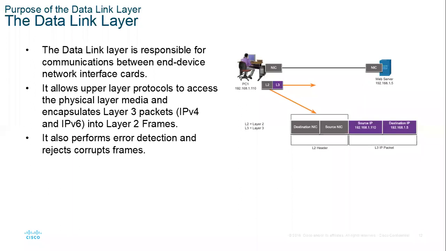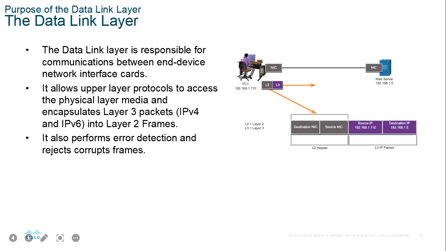So what's the purpose of layer 2, the data link layer? It is responsible for communication between the end devices and the network interface card, the NIC. It also allows the upper layer protocols to access the physical layer.